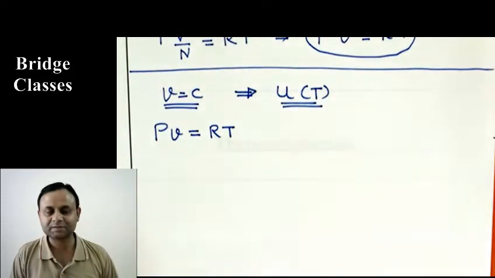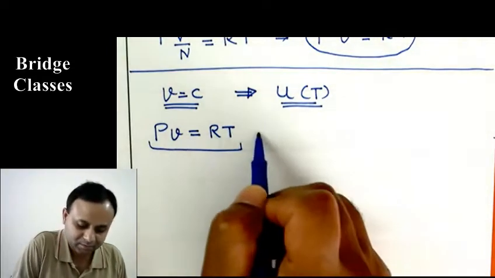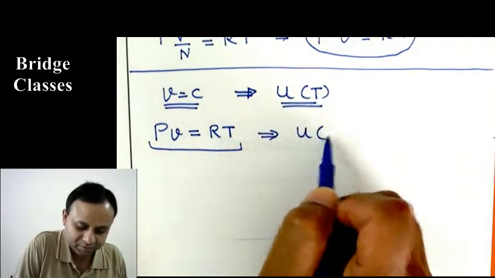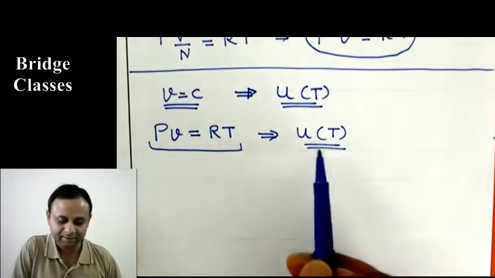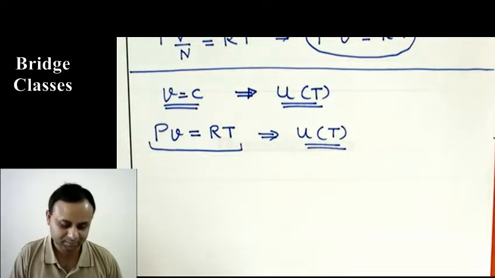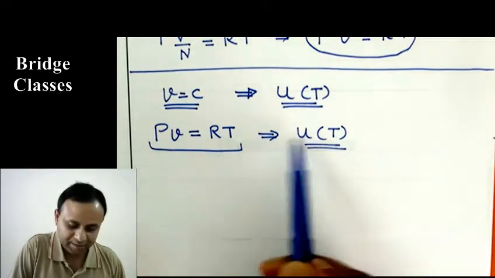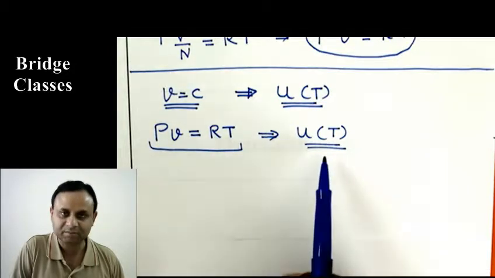If a substance satisfies this law, so it behaves as an ideal gas, you get U is a function of temperature only. And it leads to actually a lot of further simplifications. We are going to see that. The mathematical proof of this requires thermodynamic property relations. We will talk about that later on.